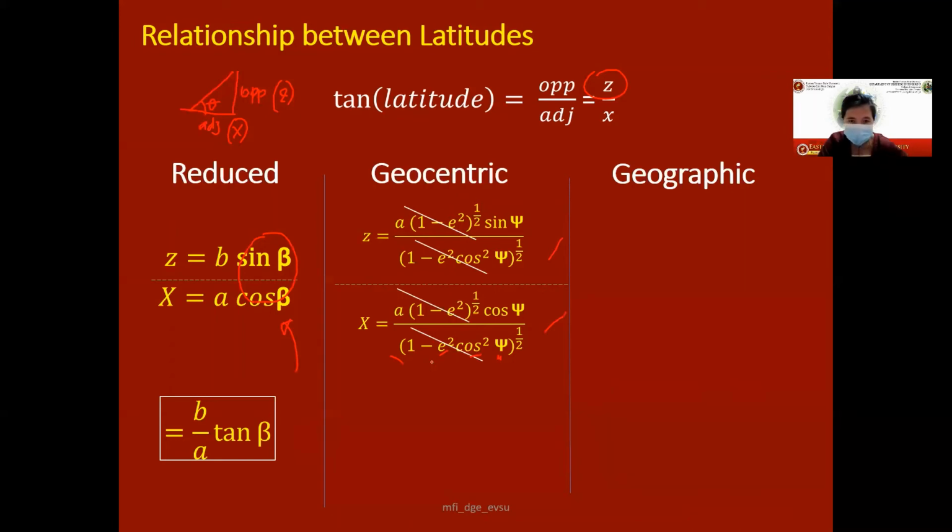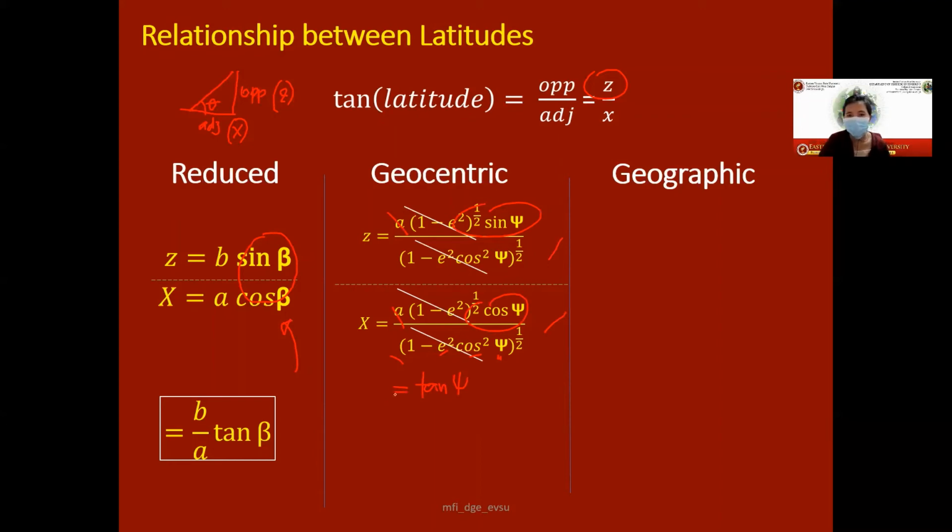We can also delete this a, right? The remaining is sine over cosine. So that is equivalent to tangent of the angle, or tangent of the geocentric angle.